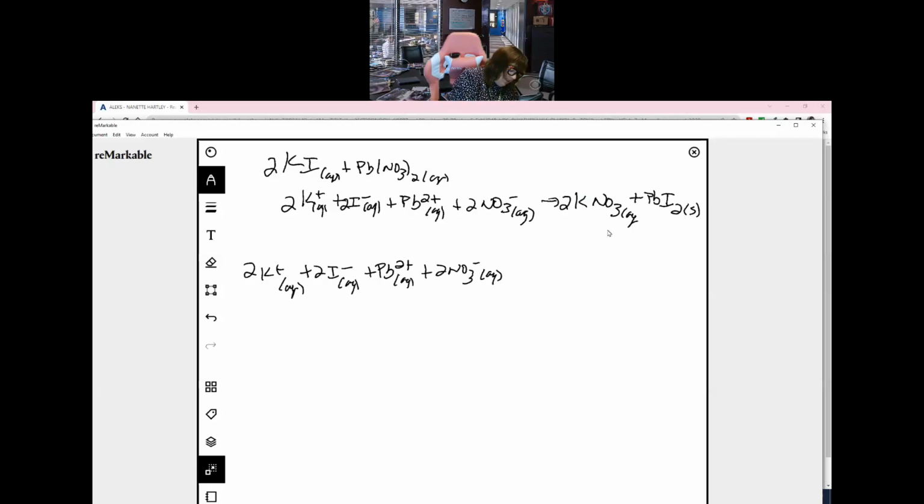I started it this way, and that gives me 2K plus aqueous plus 2NO3 minus aqueous plus PbI2 solid.